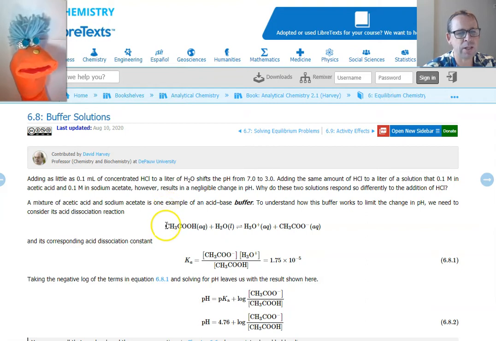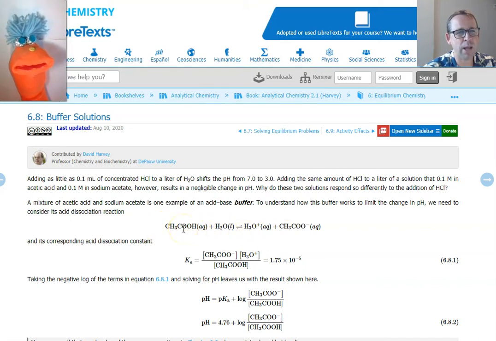Well, when I have a solution of acetic acid, it is a weak acid and it's going to dissociate into its acid form and the acetate ion, its conjugate base, right? If I include in my solution not just the weak acid, but some of that conjugate base, it is also going to behave as a base, take protons from water, and create acetic acid.